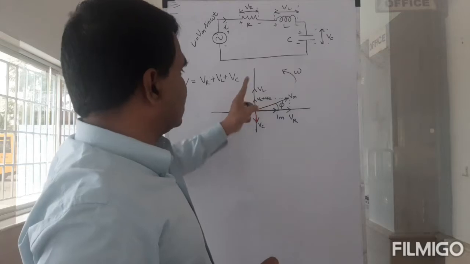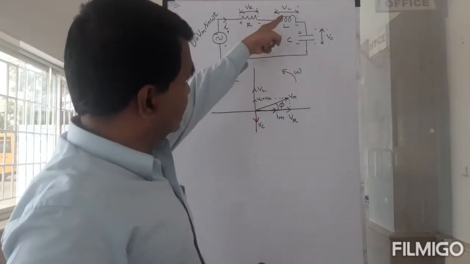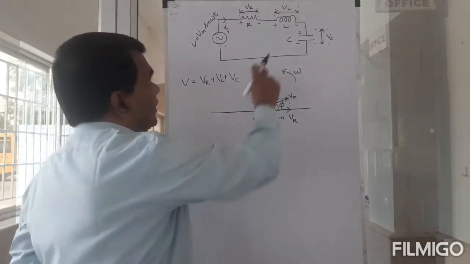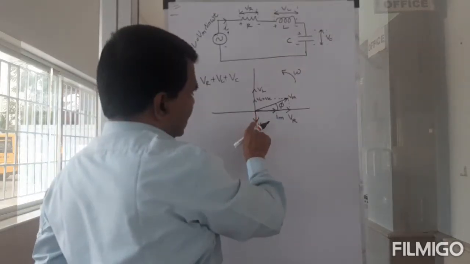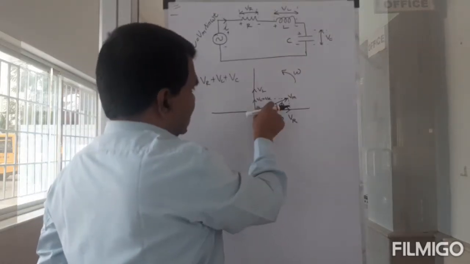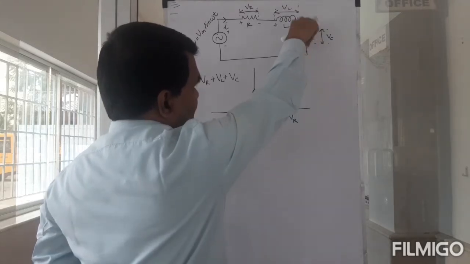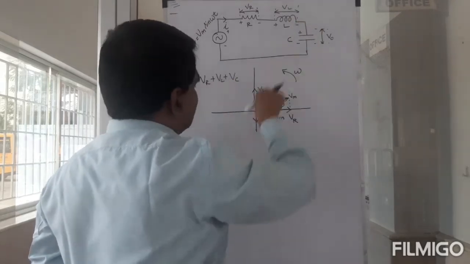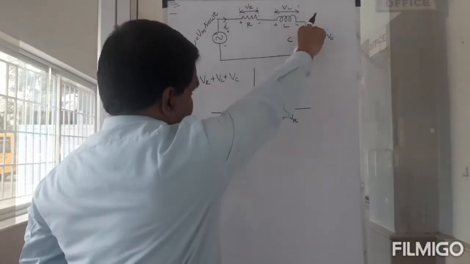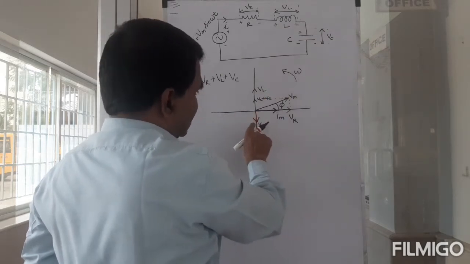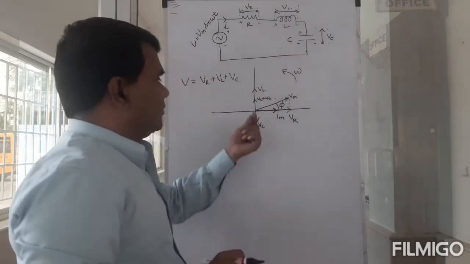Or you can say that the current lags the voltage across the inductor by 90 degrees. And VC is like this, because the current will lead this voltage by 90 degrees. Current through the capacitor will lead the voltage across the capacitor by 90 degrees, or I can say that the voltage lags the current by 90 degrees.